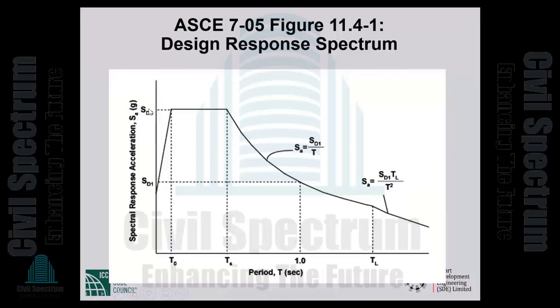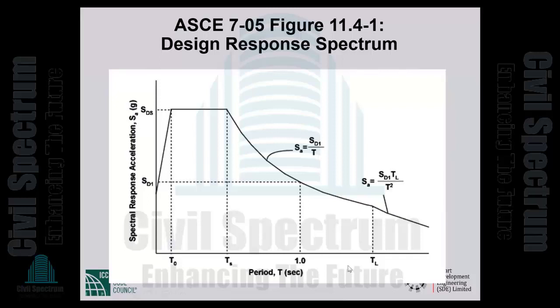The descending branch is defined by the ordinate at a period of 1.0 second, and that ordinate is called S sub D1. So two parameters, S sub DS and S sub D1, define the design spectrum of ASC 705.